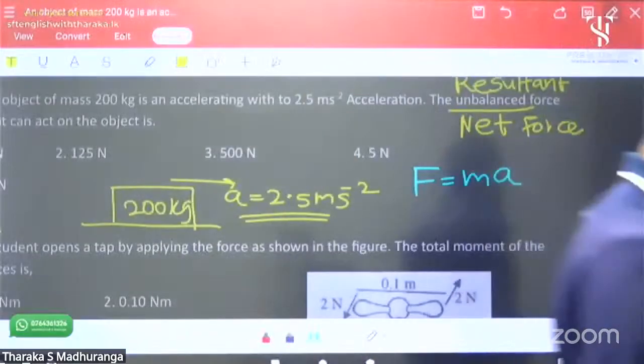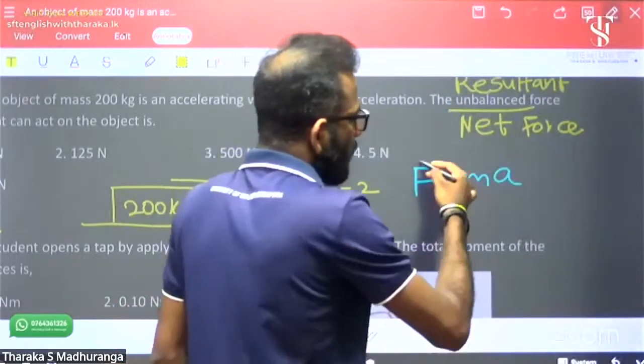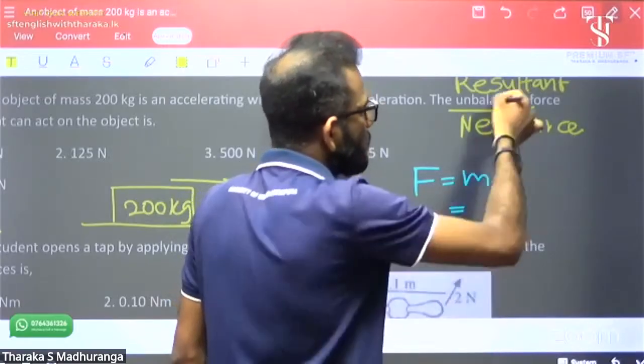Good. F means unbalanced force. If it is unbalanced force, now the question has unbalanced force.